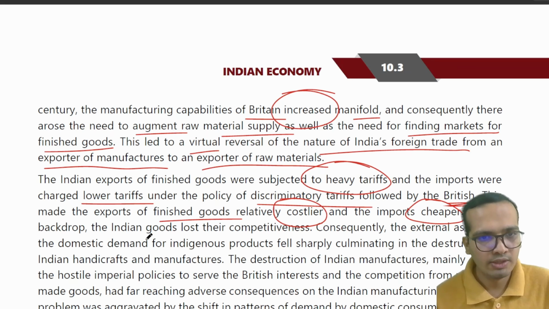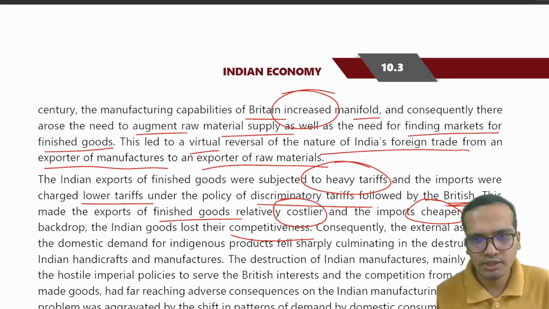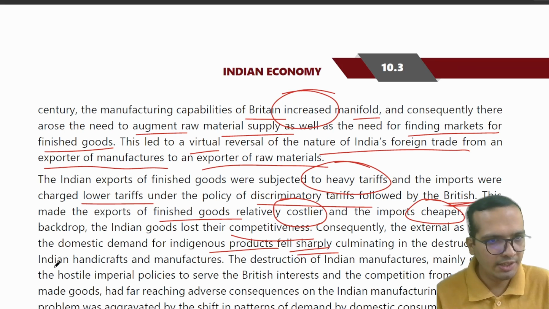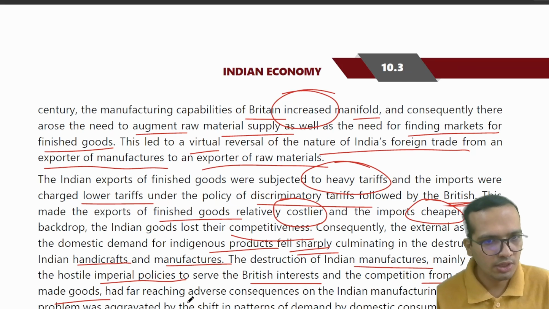In this backdrop, Indian goods lost their competitiveness. Consequently, the external as well as the domestic demand for indigenous products fell sharply, culminating in the destruction of Indian handicrafts and manufactures. The destruction of Indian manufactures, mainly due to the hostile imperial policies to serve British interests and the competition from machine-made goods, had far-reaching adverse consequences on the Indian manufacturing sector.